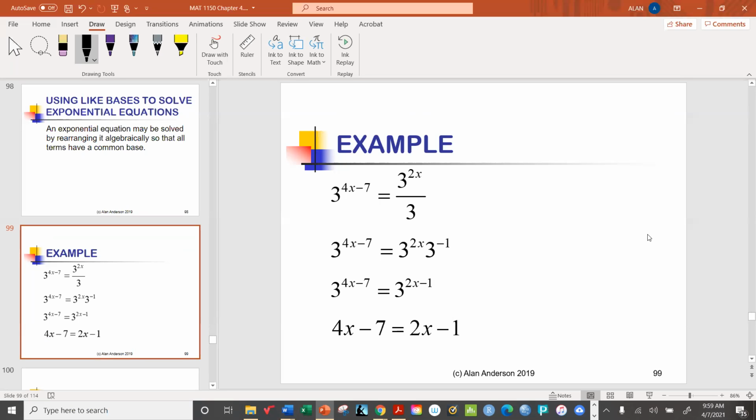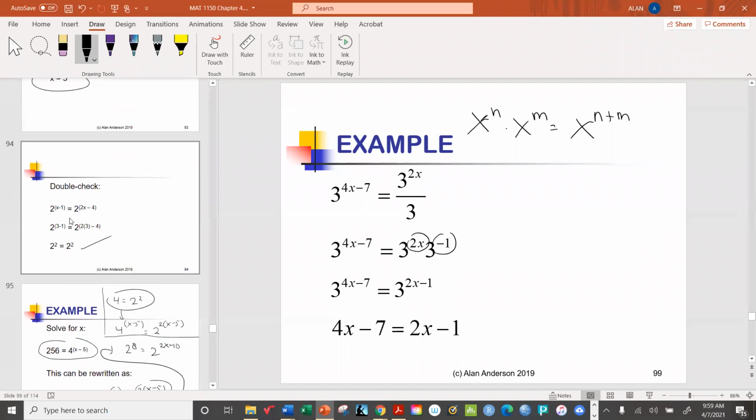And also, whenever you have x to the n power times x to the m power, then you end up with x to the n plus m power. So here, I can simply consolidate or add these two. And now all of a sudden, I have 3 to the 4x minus 7 power equals 3 to the 2x minus 1 power.